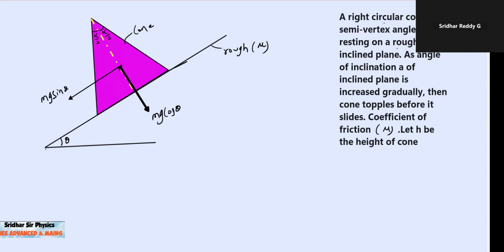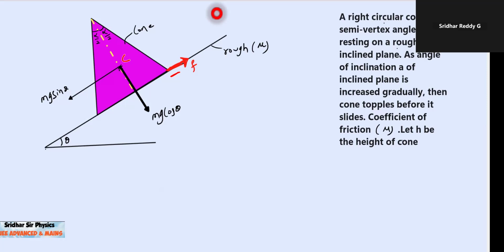Then the friction will act through this particular point. Here the friction will act. This is the center of mass of the cone.